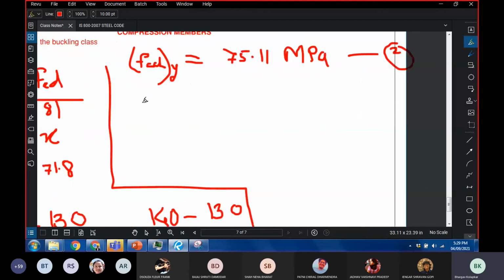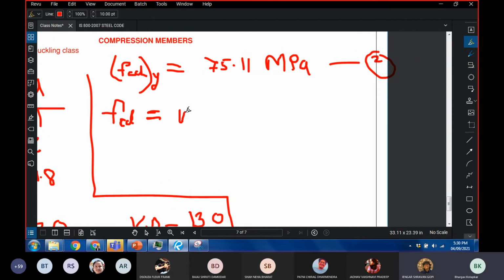So now the question is, which FCD should we consider? Should we consider the first FCD or the second FCD? You consider y, right? It is a smaller value. We have to consider the one that gives a smaller value.